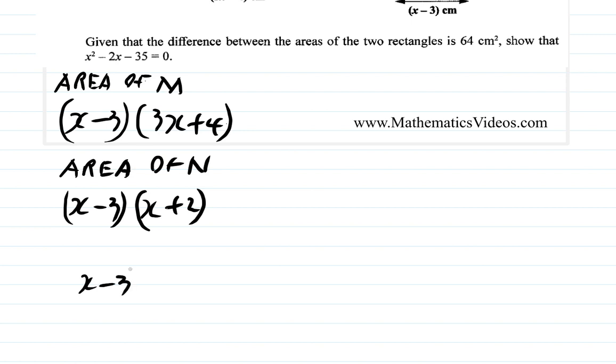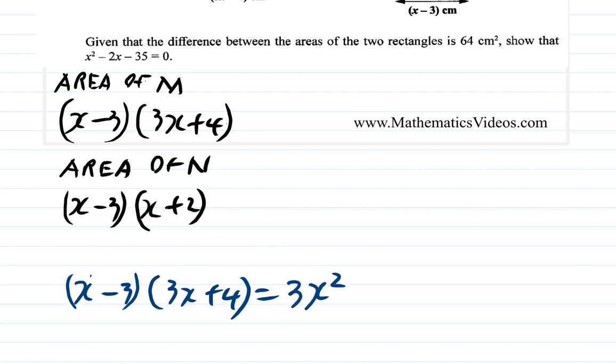You have x minus 3 times 3x plus 4 equals x times 3x gives you 3x squared, x times 4 gives you plus 4x, negative 3 times 3x gives you negative 9x, negative 3 by 4 gives you negative 12.